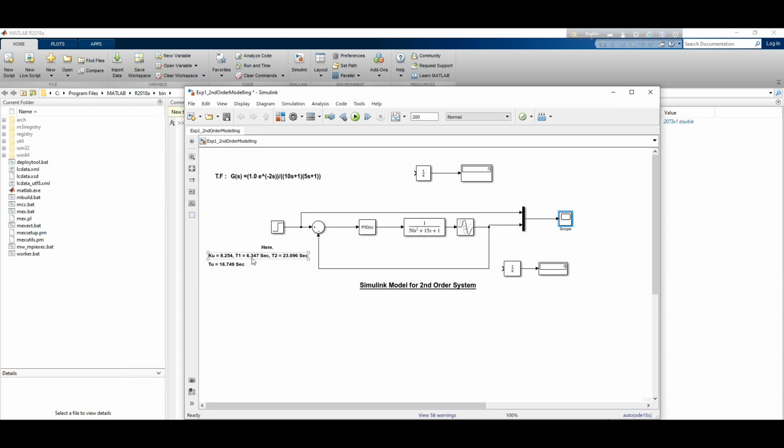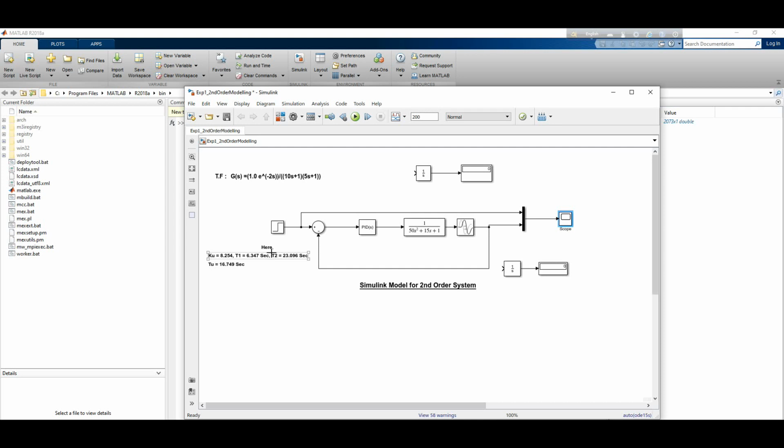Whatever T1 and T2 I found, which are 6.347 and 23.096, from T1 and T2 we will calculate the value of Tu, the ultimate time period, T2 minus T1.